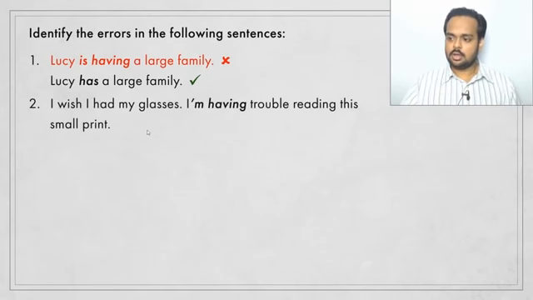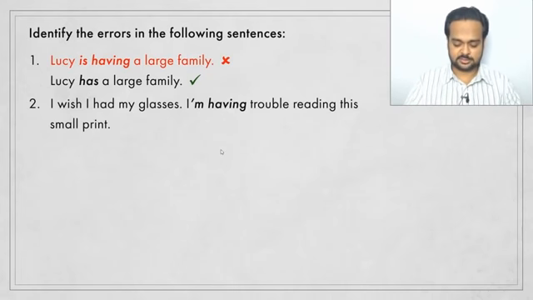Okay, number 2. I wish I had my glasses. We saw that previously. I'm having trouble reading this small print in this book in front of me that I have in my hands right now at this moment. So is this correct or is it wrong? Well, this talks about experience. It talks about a negative experience by saying have trouble.